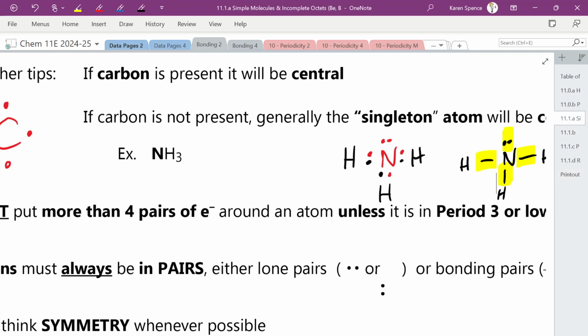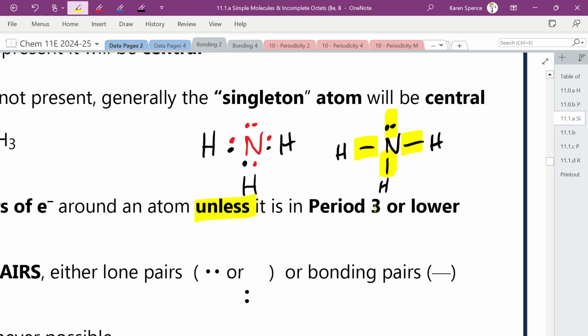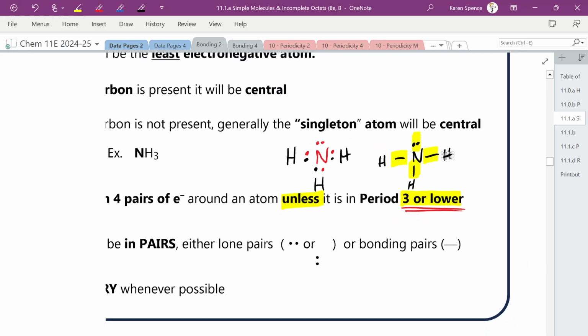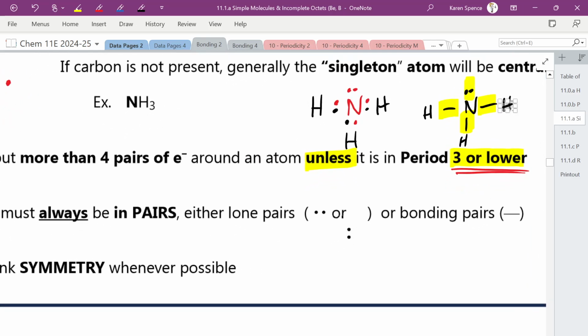Okay, good stuff. Do not put more than 4 pairs of electrons around an atom unless it is in period three or lower. Electrons must always be in pairs.